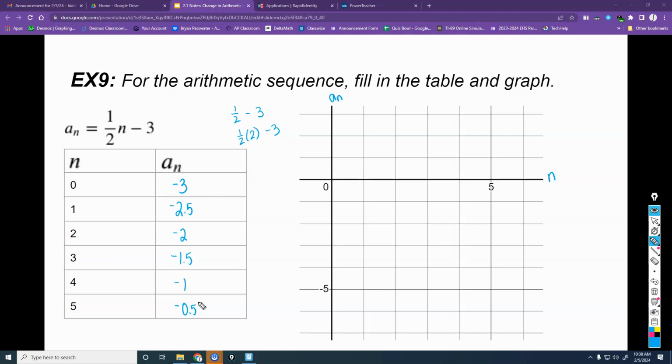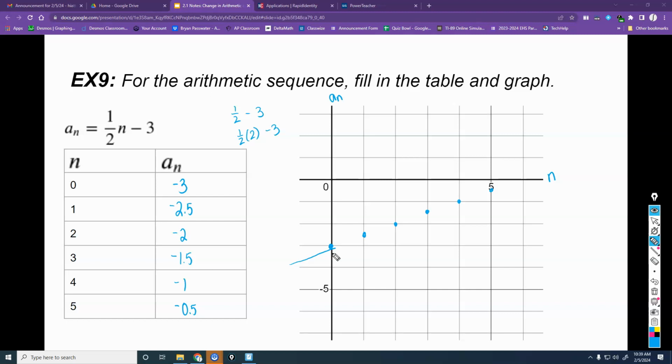And so we are going to take these points and graph them over here. So I've got 0, negative 3; 1, negative 2.5; 2, negative 2; 3, negative 1.5; 4, negative 1; and 5, negative 0.5. Oh, what was I about to do? My habit just kicked in there.